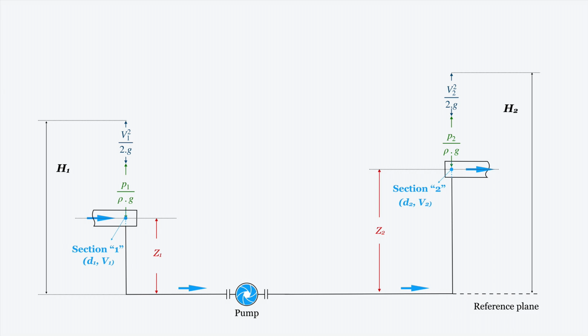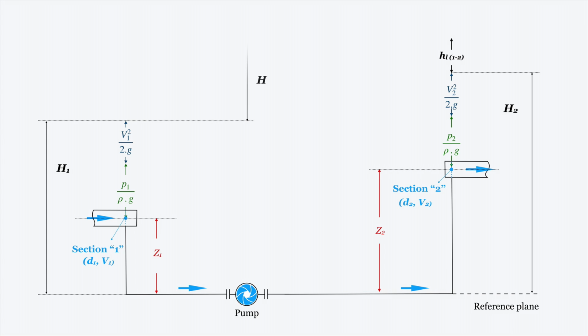What is the amount of energy that we need? Only this difference between H2 and H1? No, we need to add another term, the pressure losses, to cover the losses of energy that we will have when transporting this fluid.